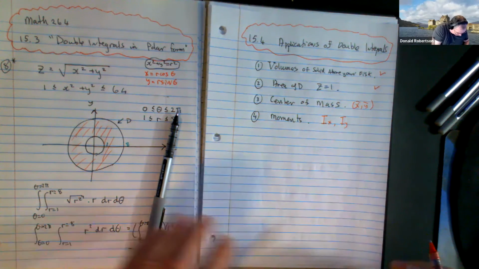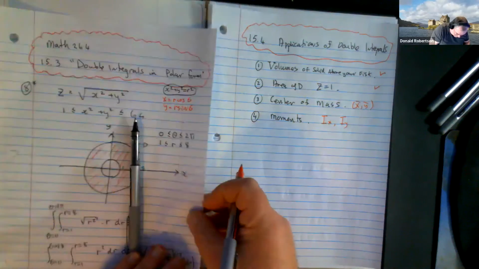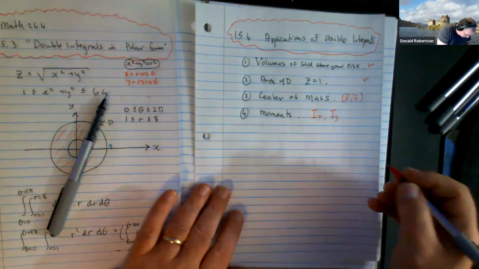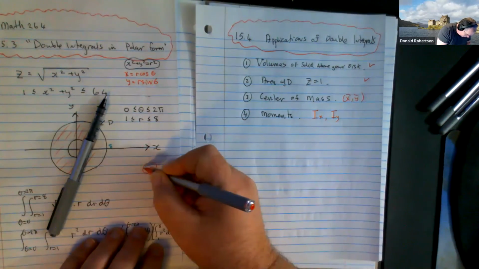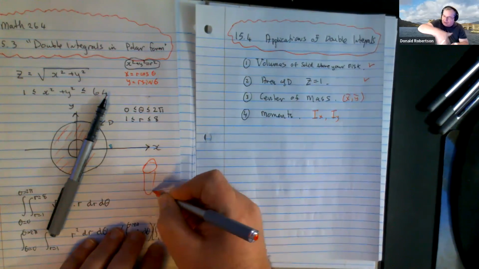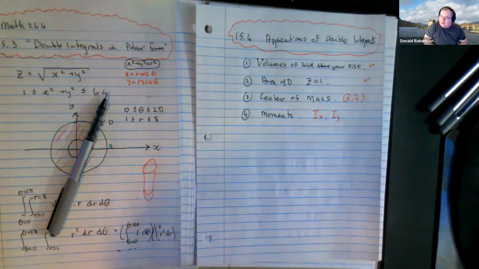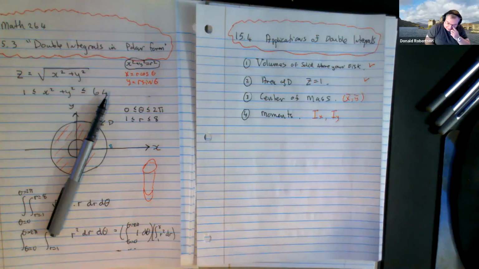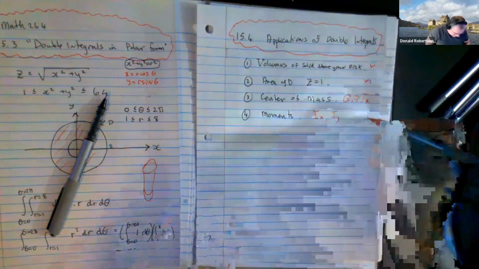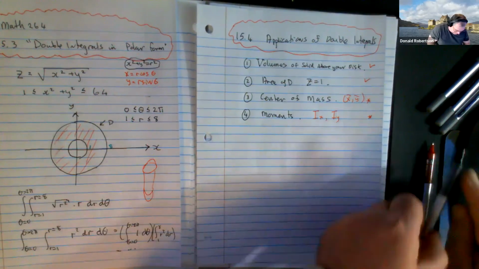Can you remember that funny rectangle with the bumps? It was basically a cylinder that had a piece of a circle in the top and the bottom. You're finding volumes. So the ones we're going to focus on are going to be these two applications in particular.